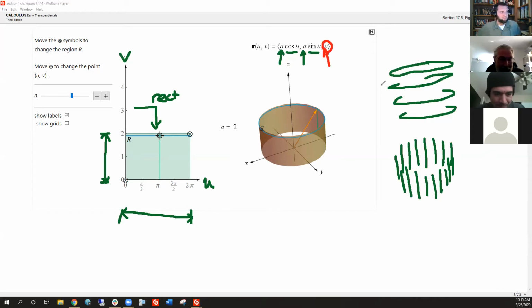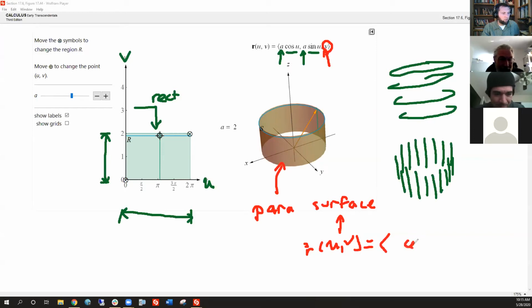Quick review. If you want to create a parametric surface, then you're going to need two parameters. And our two parameters are going to be U and V. And we want to have a cylinder, so we need to have some circleness to it.